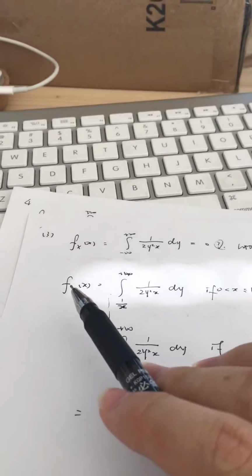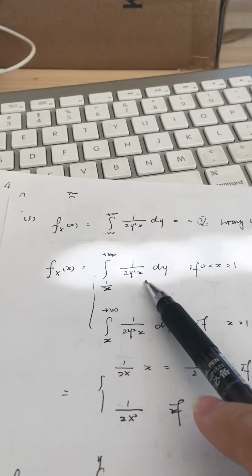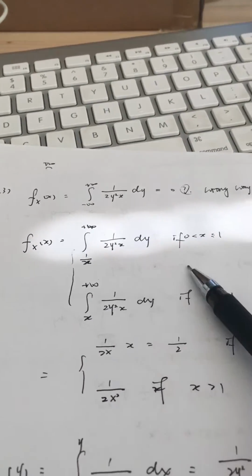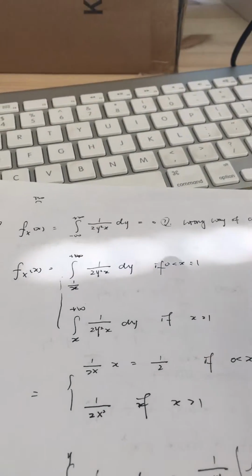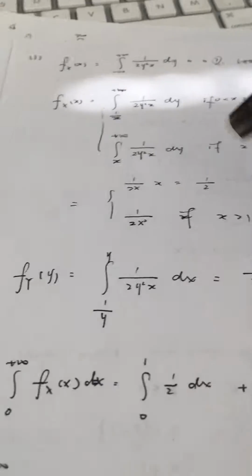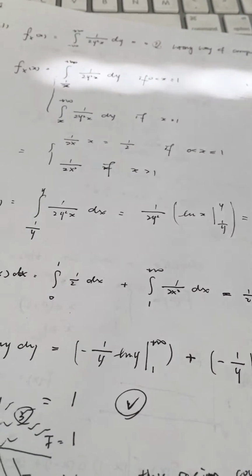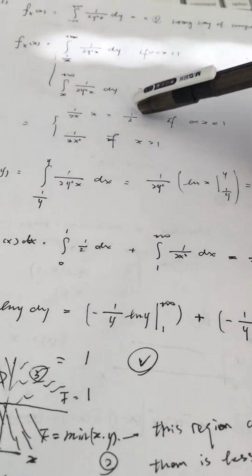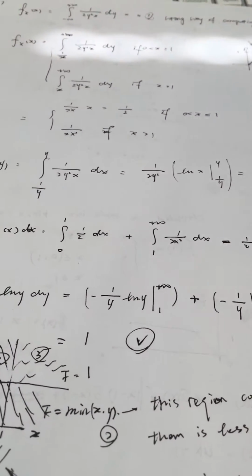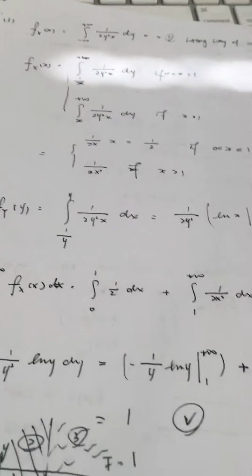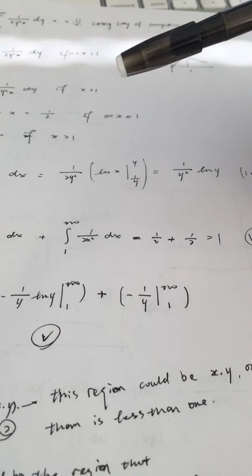So f(x) can be computed in different intervals and added together: the first is 1 over 2, and the second is 1 over 2 times x to the power of 2.